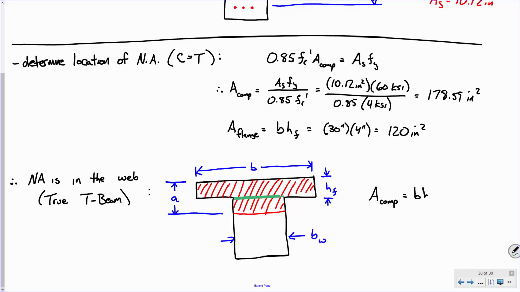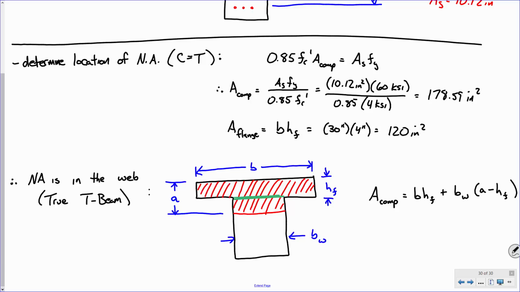B times HF, right? On the bottom, it's BW times what? There we go. Does that make sense?